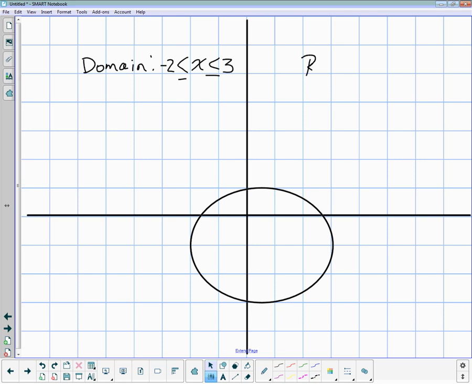What about my range? Yes, that's right. It should be a Y. Very good. And what's my minimum Y value? -3. And yes, you're right. It has a bar. Good shot.